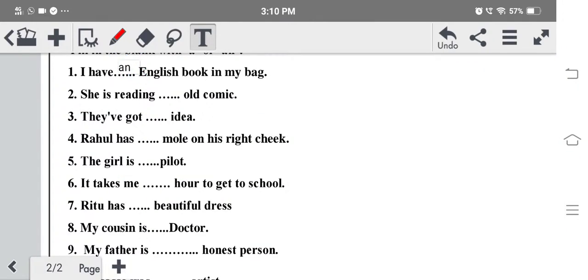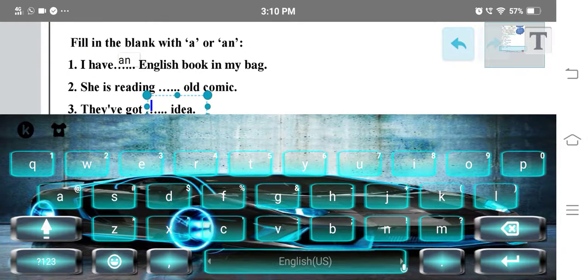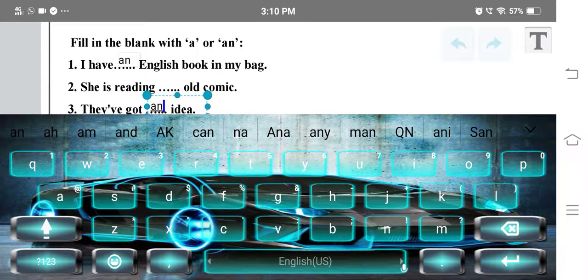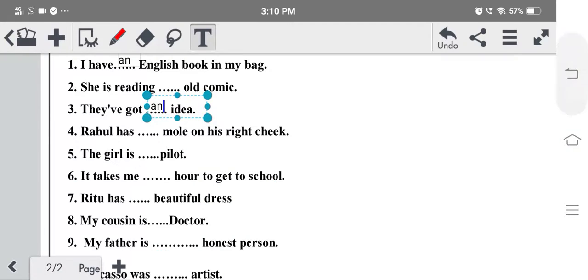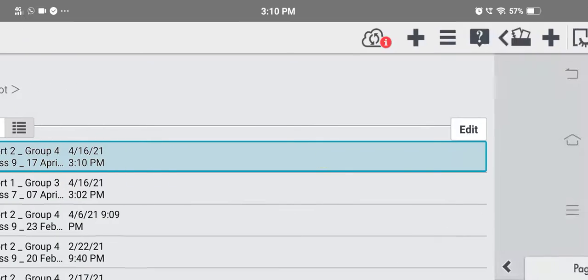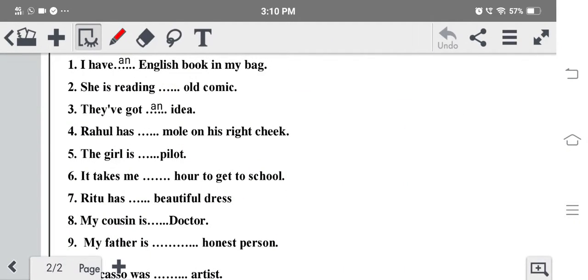They have got an idea. Idea is starting with the alphabet I. So they have got an idea. And I'll write like this with the pen.